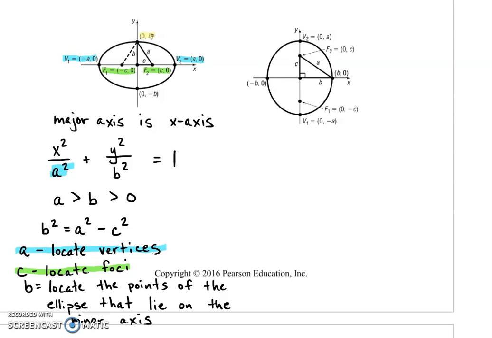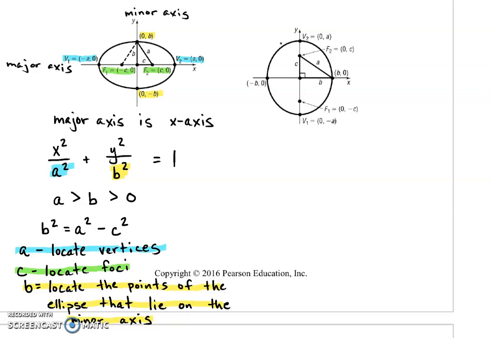You can see the points where the ellipse crosses the y-axis, which is our minor axis this time, tell us our b. We'll get into how all that works when we start doing examples. So just so we know, y is our minor axis and x is our major axis here.